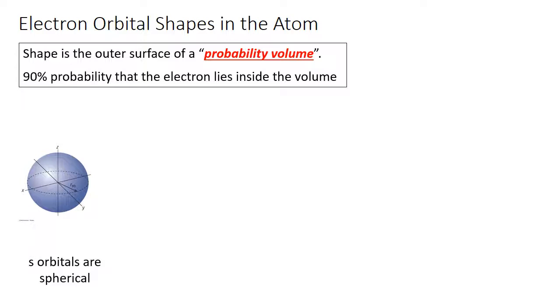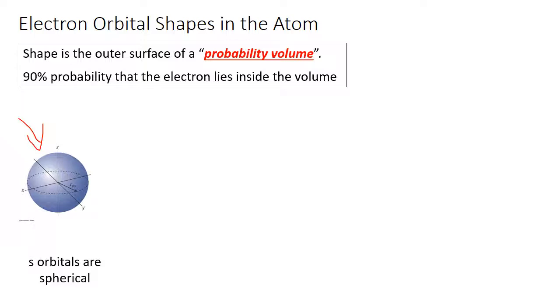A better way to say that is that within this sphere representing the s orbital shape, I know with 90% certainty that the electron is somewhere inside there. The nucleus always sits at the center of each of these diagrams, at the origin of our x, y, and z axes. So all the s orbitals will have this general spherical shape. We'll talk about complexities added on to that shape in a bit.